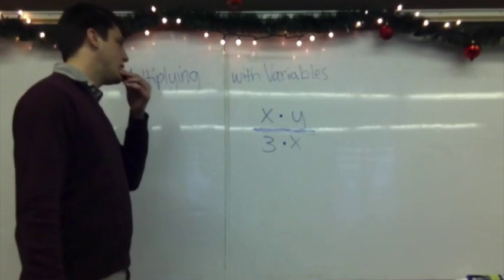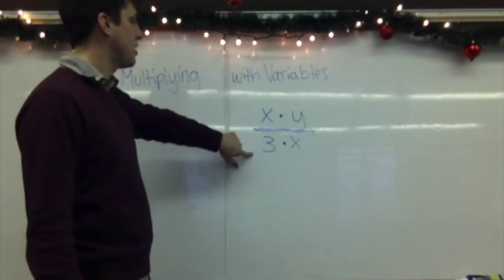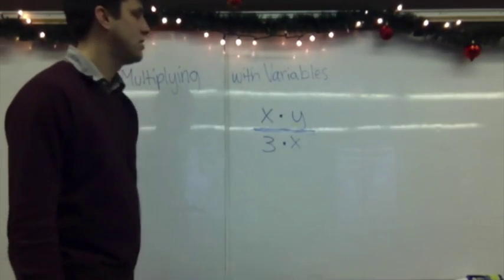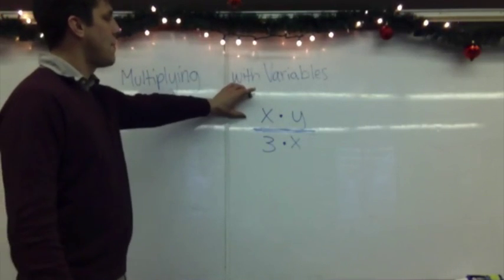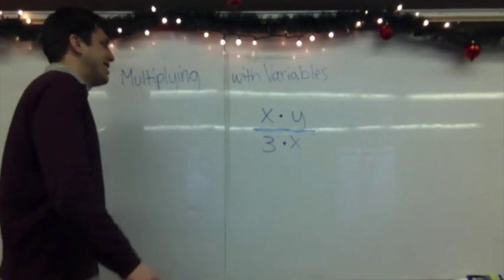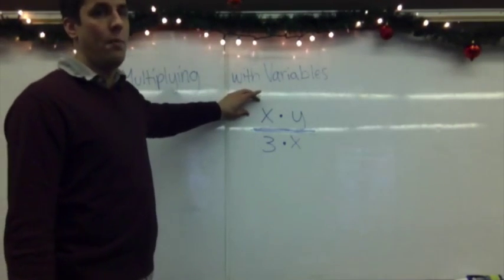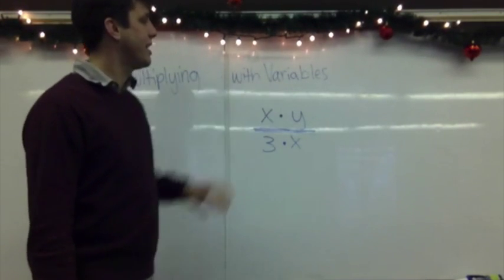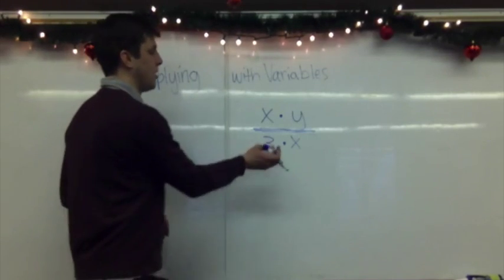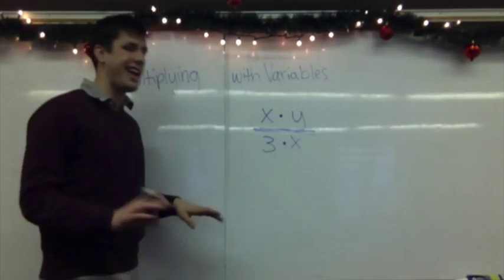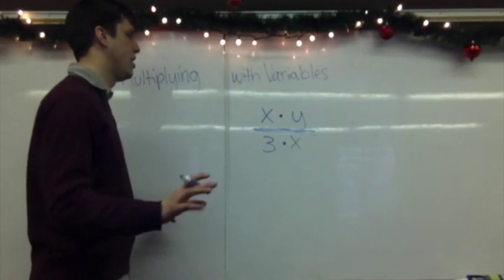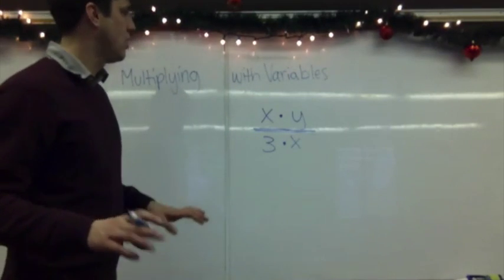And so you can't do x divided by 3 times y divided by x. You first have to do the top, then you have to do the bottom. And so you got to look at the top and say, does this simplify at all? Y, x and y, can they combine? They can't. The bottom, does 3 and x combine? They can't. A number and a variable is a no-no.